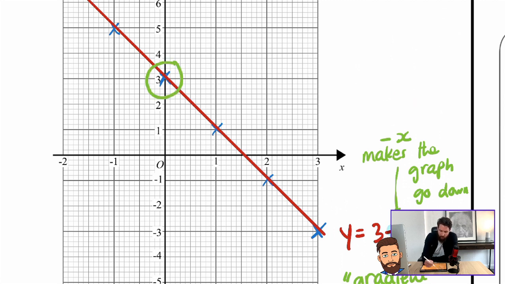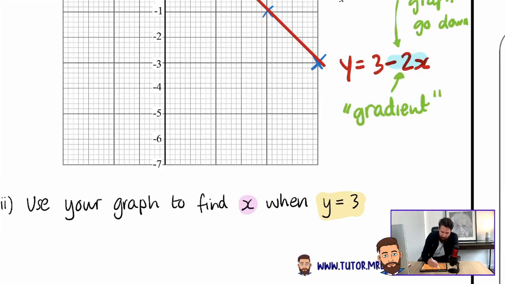Usually, if I was doing -1, I'd have to draw a line across and then up. Well, what can we see here? Sorry, when y is 3, what's the x coordinate? 0. It is at 0 on the x. So we can say x = 0.